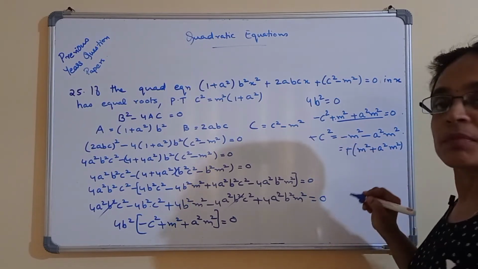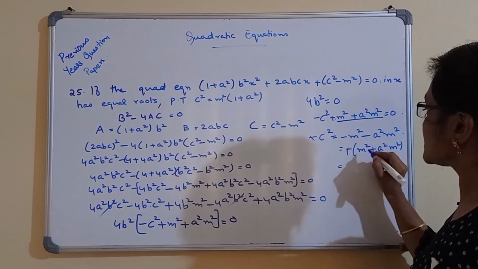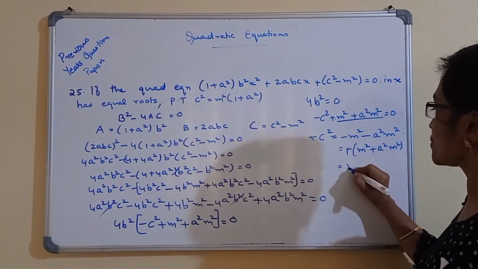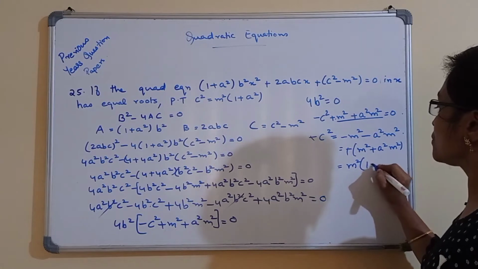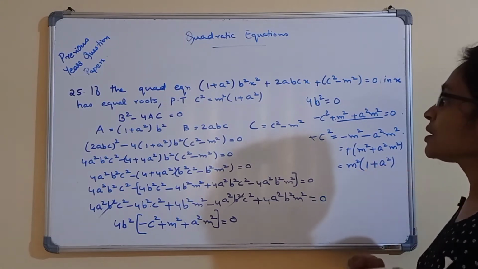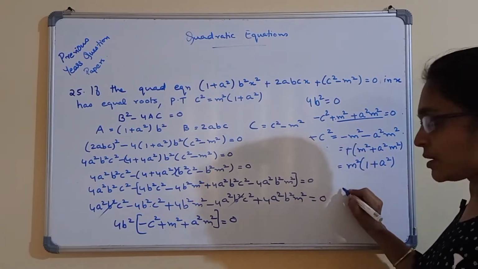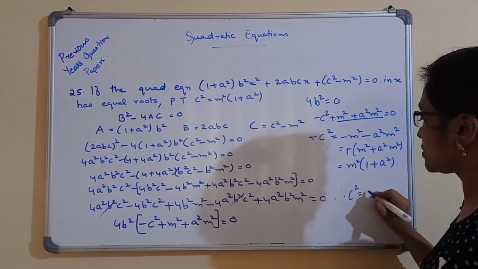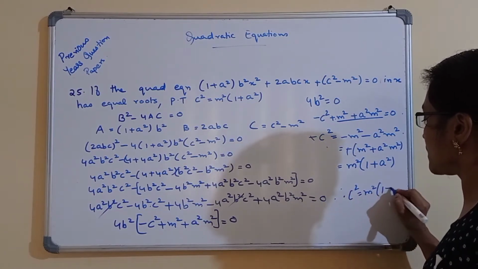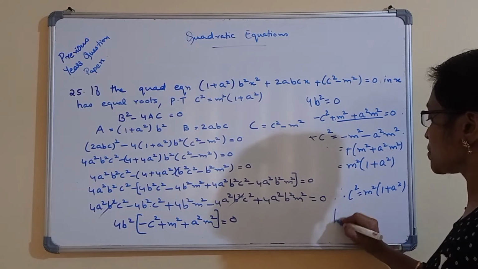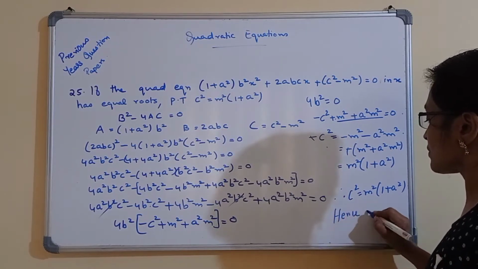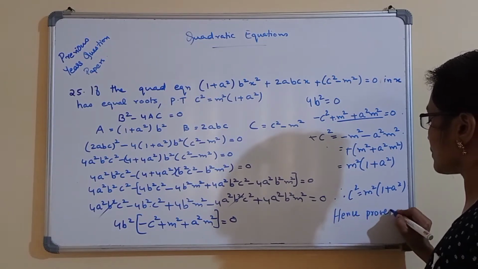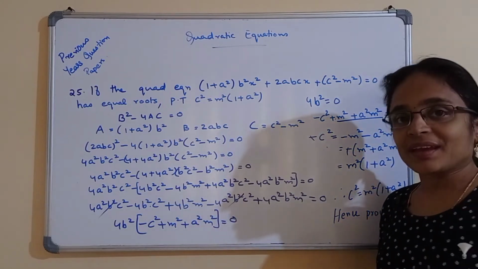This minus and minus will get cancelled and m² can be taken out. So we have m²(1 + a²). Therefore, c² = m²(1 + a²). Hence, proved. Okay, understood?